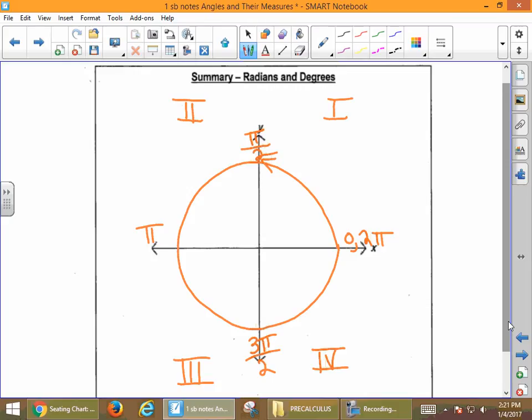In other words, what happens here is that in quadrant 1, our angles are going to be between 0 and pi over 2. In quadrant 2, our angles are going to be between pi over 2 and pi.